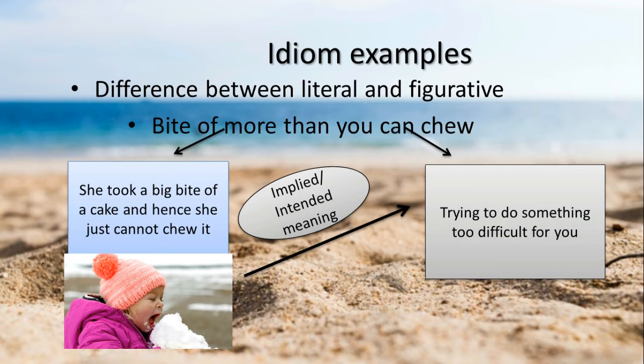And sometimes if you take a look at the literal meaning and not the figurative, there is some kind of relation, because it's true, when you take a big bite, you can't chew because you took more than you need to chew it. So there is some slight relation between the literal, original, and the intended or implied meaning.